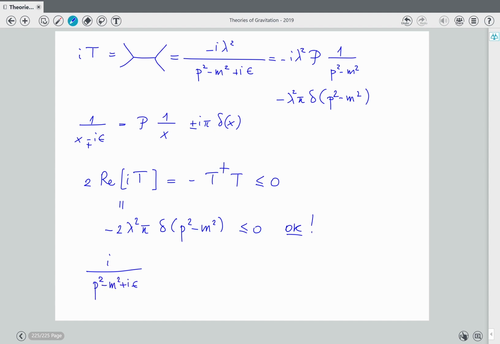So there has to be a plus I epsilon in the scattering interpretation, and it has to be plus I epsilon. This is okay. This is not okay. This is not okay. But this is also okay with unitarity.